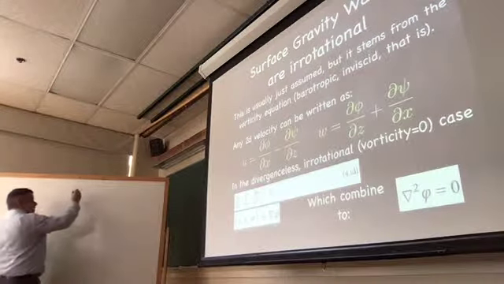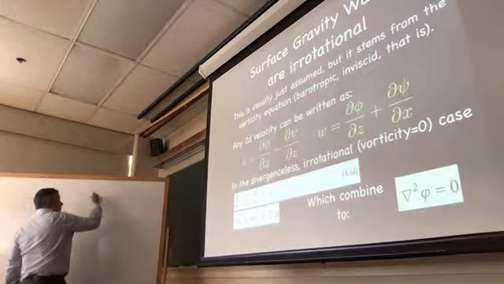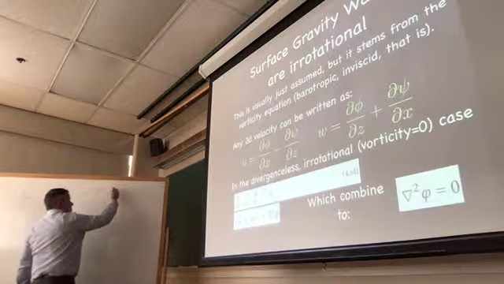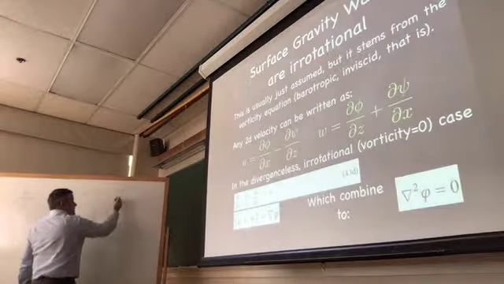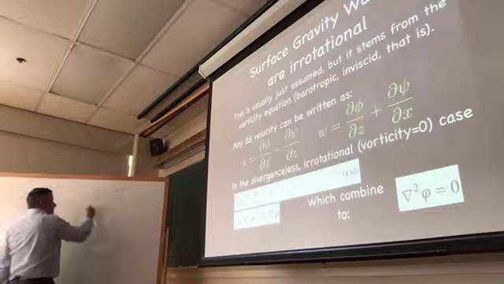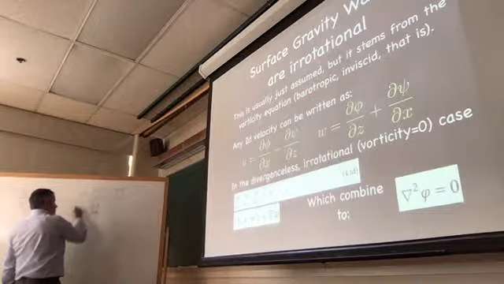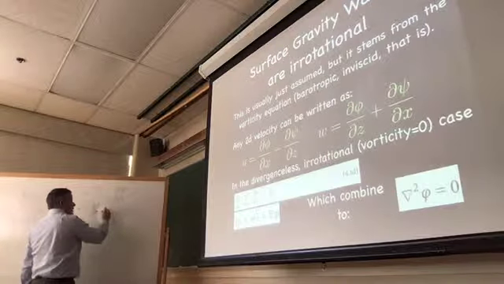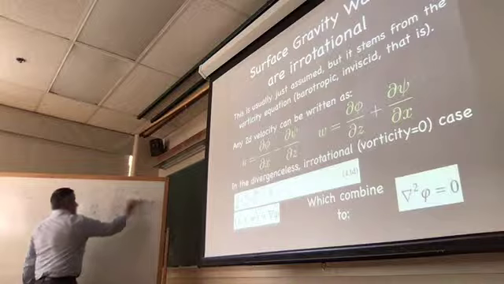Okay, so u equals dphi/dx minus dpsi/dz, w equals dphi/dz plus dpsi/dx.